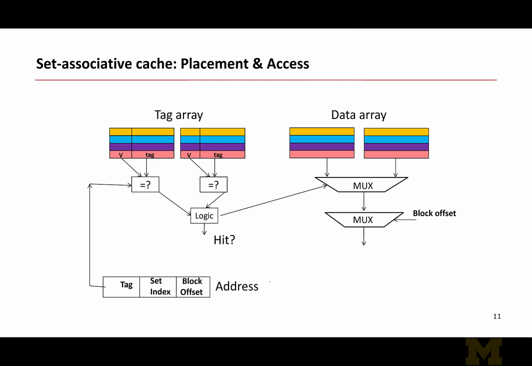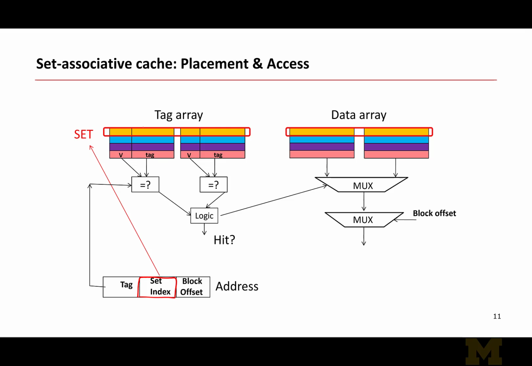So here is yet another way to visualize the set associative cache. Given an address, the cache would first compute the set index, and that would depend on how many sets I have in the cache, and we'll talk about that in a moment. So I take the set index and access the particular row, which is essentially the cache set.